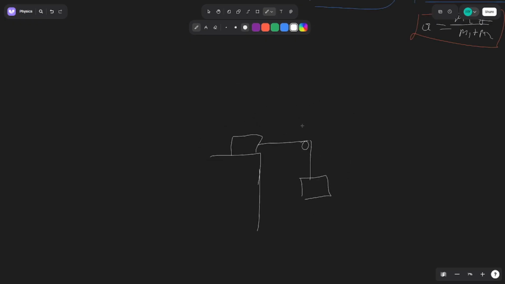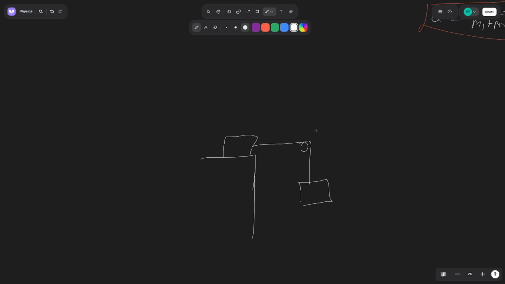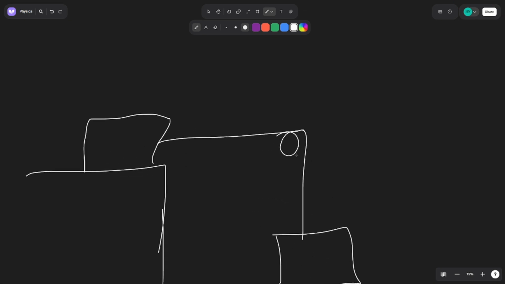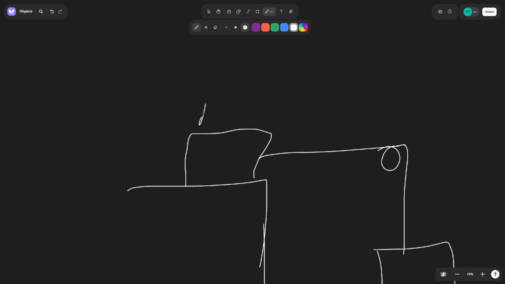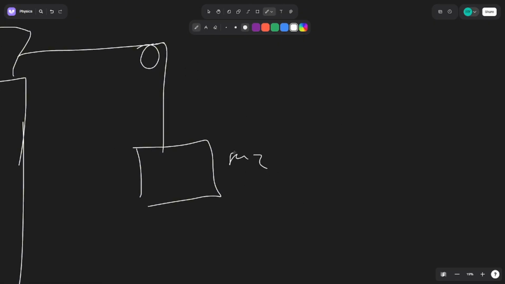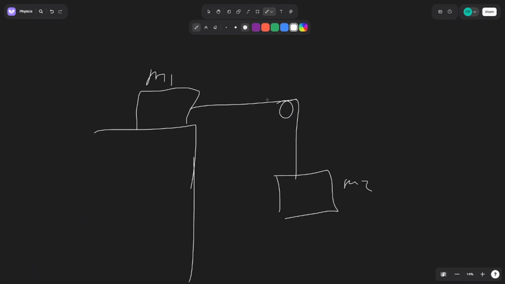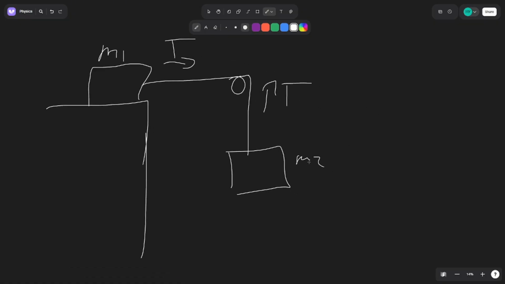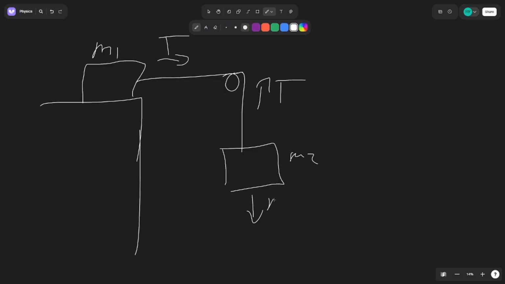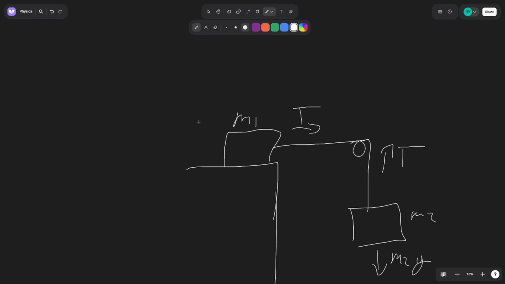So, which forces do we have right now applied on a pulley system? Mass 1, mass 2. Try to guess. Yeah, tension 1, tension 2, m2g, and as I said, friction.